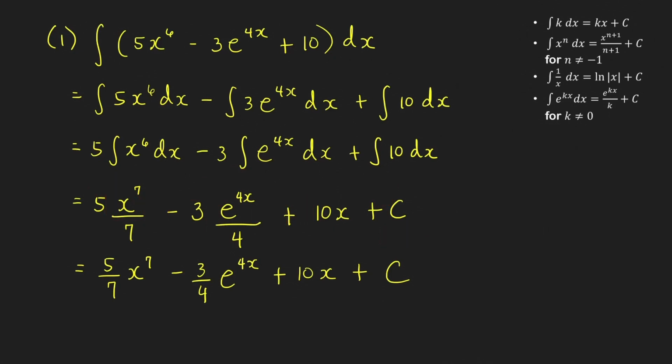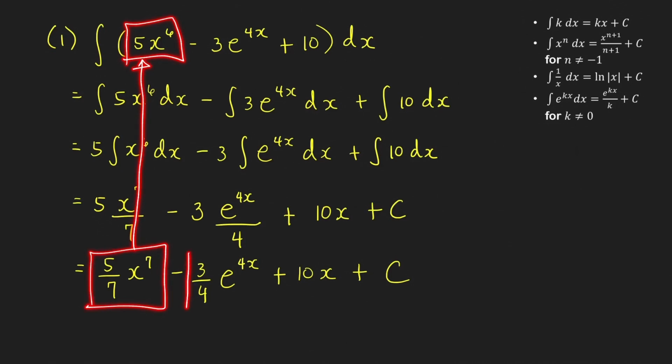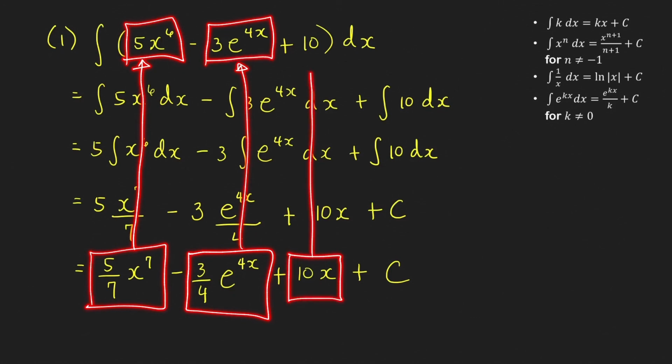Note also here that this term is just a particular antiderivative of the first term in the integrand. And this one here is a particular antiderivative of this term here. And 10x is a particular antiderivative of 10.